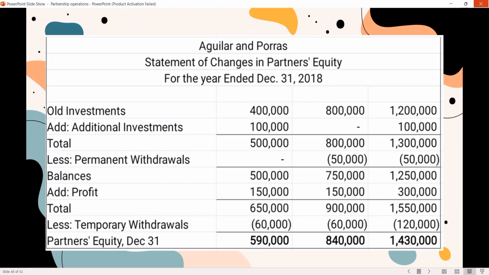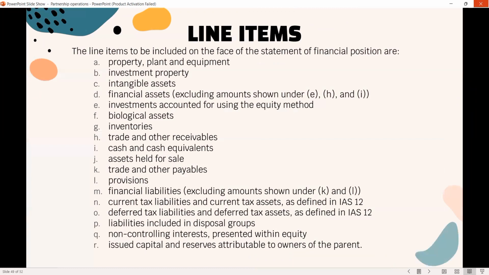Next. So, let's go to the statement of financial position. After all the components of financial statements, statement of financial performance along with the changes in partners' equity for the period have been properly presented, the presentation of the statement of financial position will present no major difficulty.